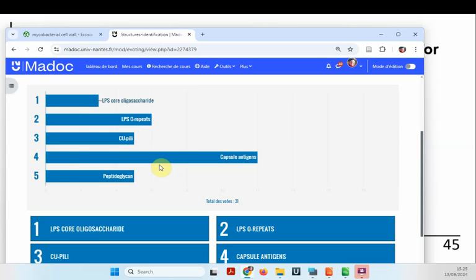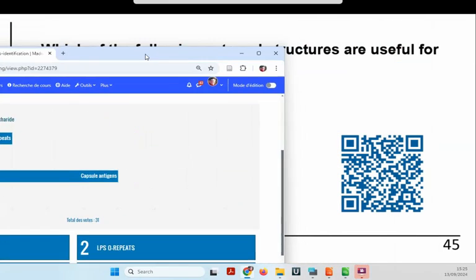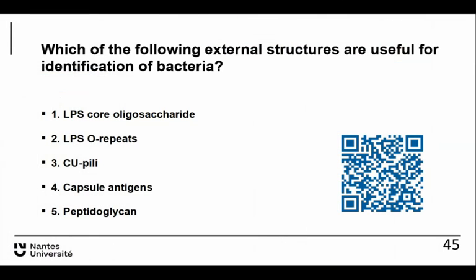Okay, so that makes it useful. So that's why these two are the ones that are useful for identification. So O antigens, K antigens, and H antigens, they're the ones that help us identify bacterial strains.